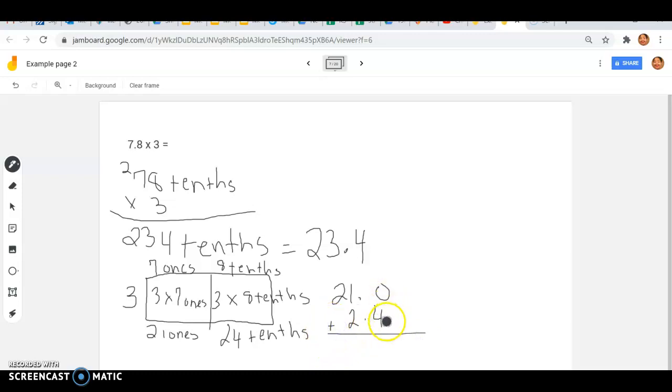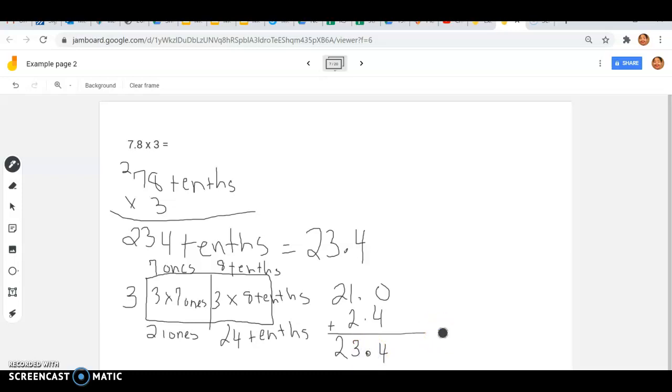So we know 0 and 4 is 4. 2 plus 1 gives us 3. And then 0 plus 2 gives us 2. We know that when we are adding, our decimals need to be lined up. So the decimals in our problem need to be lined up with the decimal in our answer. So we're going to put the decimal between the 3 and the 4.